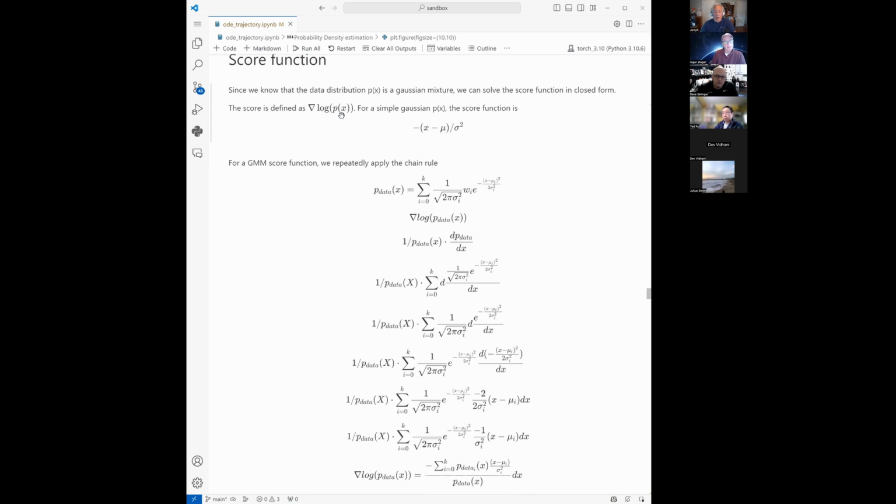But since we have a Gaussian mixture model, I went through and derived that, and hopefully that math is all correct. What it ends up being is the sum of all the data probabilities times the x minus that mu over that sigma squared, and then divide that whole thing by the probability of the data.